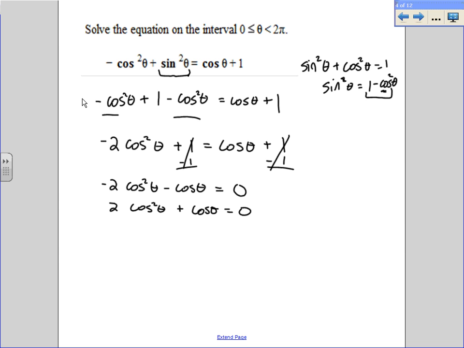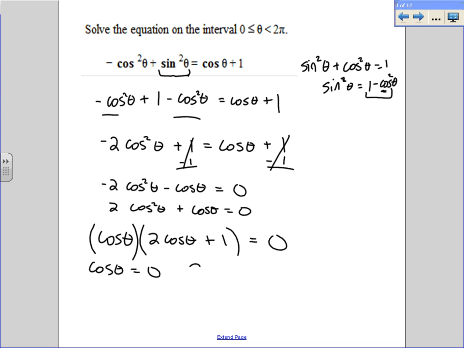Now, I'm going to factor out a cosine theta. So that gives me cosine theta times 2 cosine theta plus 1 equals 0. Now I've got the a times b rule here with the multiplication. So if a times b equals 0, a could be 0 or b could be 0. So we're going to set both of them equal to 0 and solve them here.